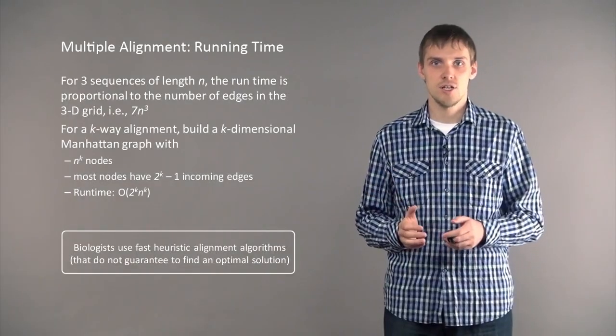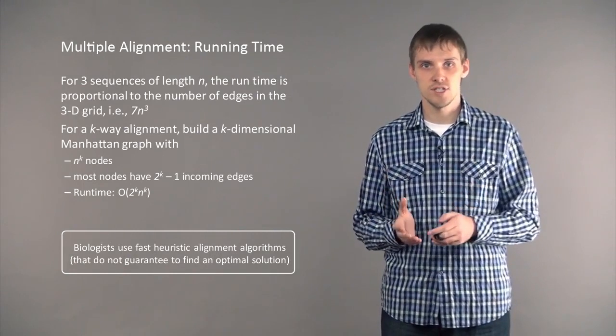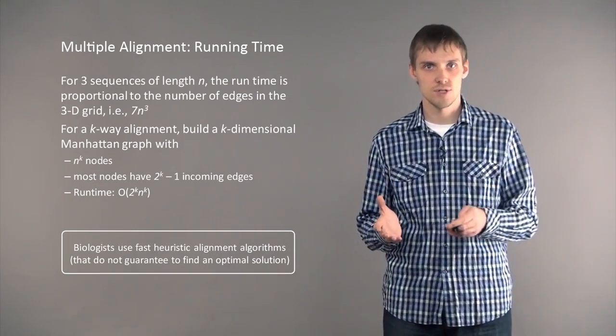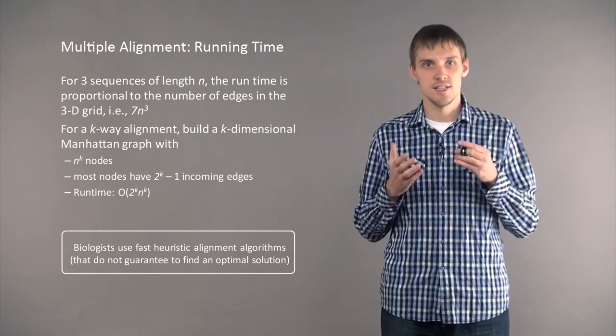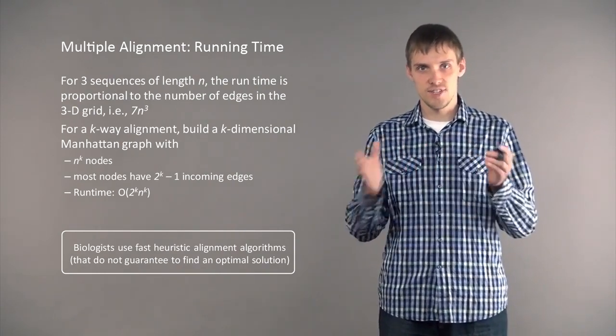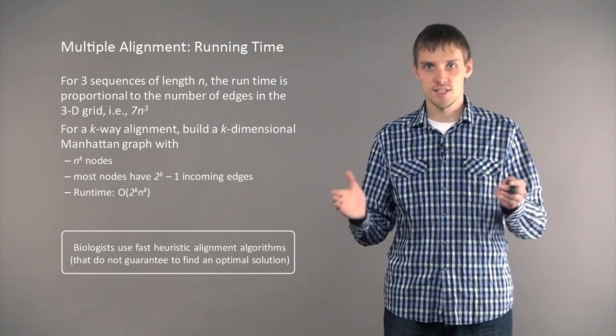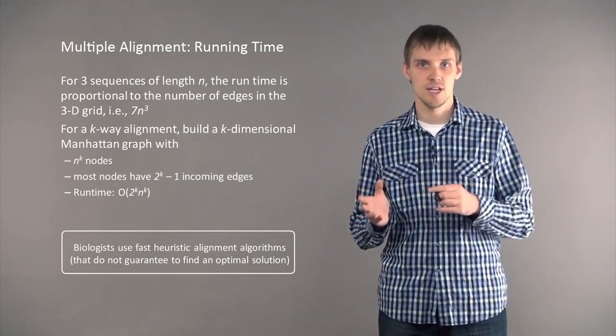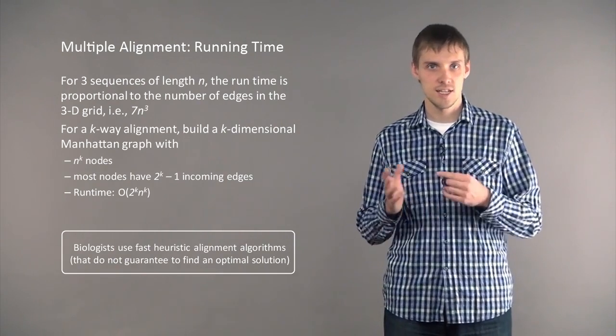And biologists usually use fast heuristic algorithms. They do not guarantee to find optimal solutions, but they guarantee that the algorithm will finish in meaningful time. Let's discuss a few heuristics which will help us find multiple alignment in a more feasible way.